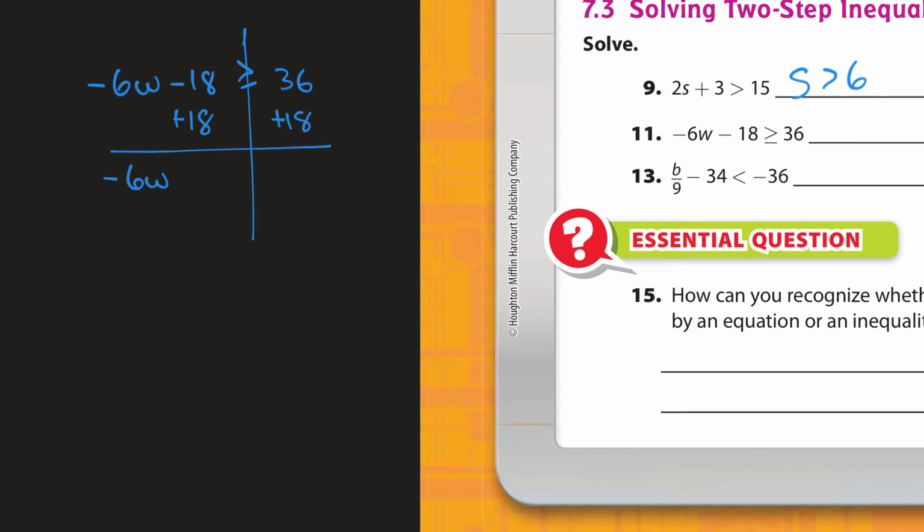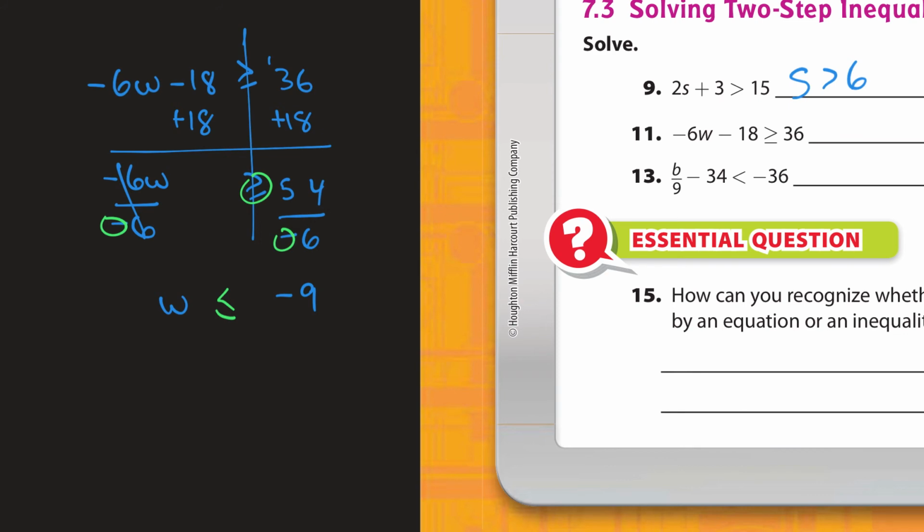Negative 6w is greater than or equal to 54. Now I have to divide by negative 6 on both sides. 54 divided by negative 6 is negative 9. These cancel, I get w, but I divided by a negative, so I have to switch the direction of the inequality. And so it's w is less than or equal to negative 9.